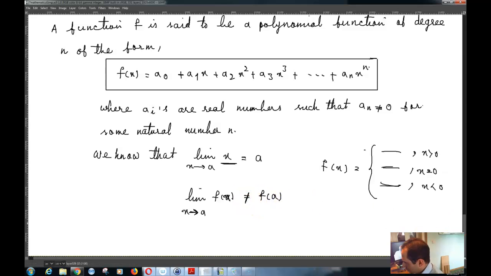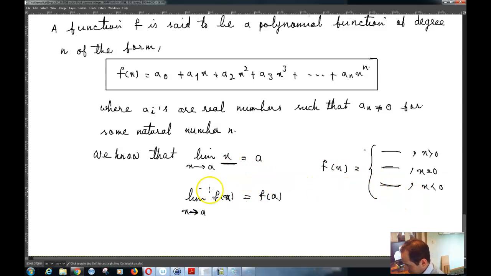Otherwise, in all of the other cases, it was just like this, meaning that the limit of f of x as x tends to a was equal to f of a, meaning the value of the function at that point.